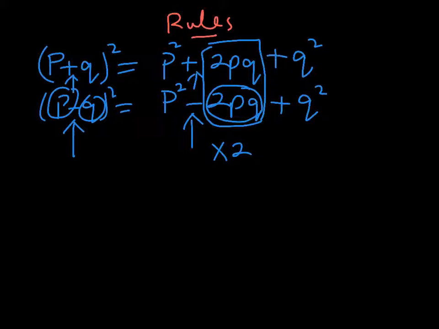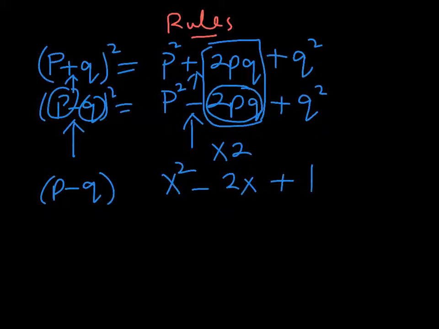So this is what helps us when we are trying to factorize perfect squares. When you see a term like x squared minus 2x plus 1, then you know that this is likely to be a perfect square, and it's of the (P minus Q) variety.